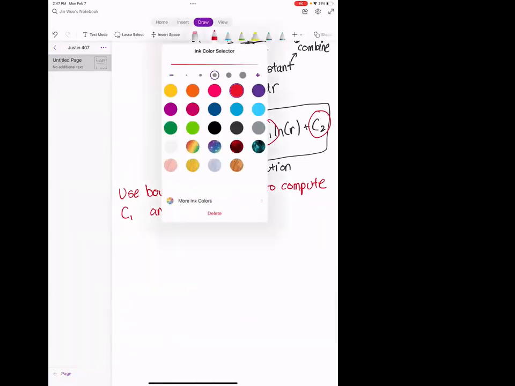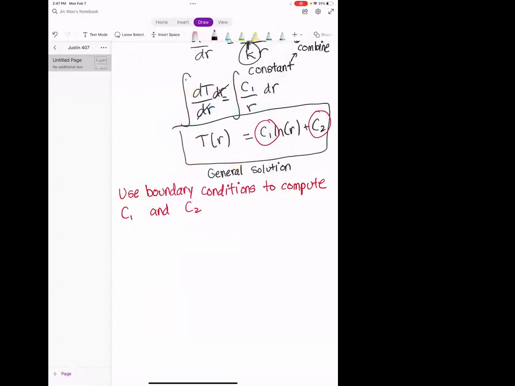All right. Any questions on this so far? Okay. Let's go ahead and list out the boundary conditions that we had at the start. Our first boundary condition was T of Ri, the temperature at the inner radius of the cylinder, which is equal to Ti, given to us in the problem.